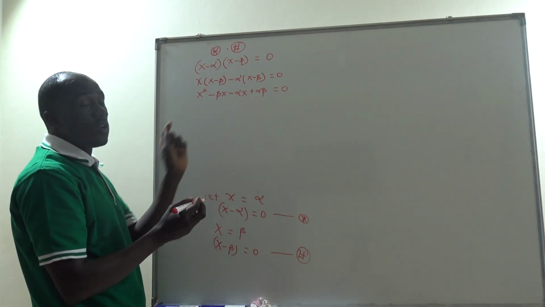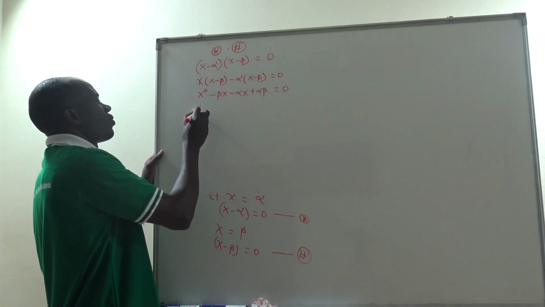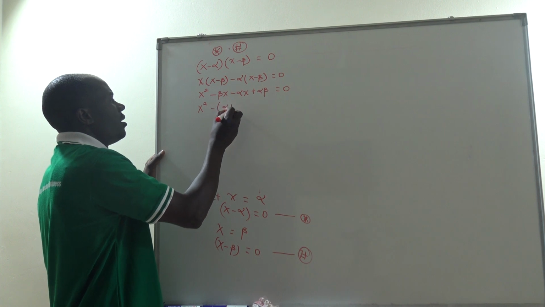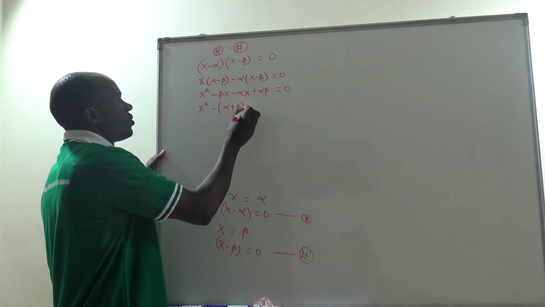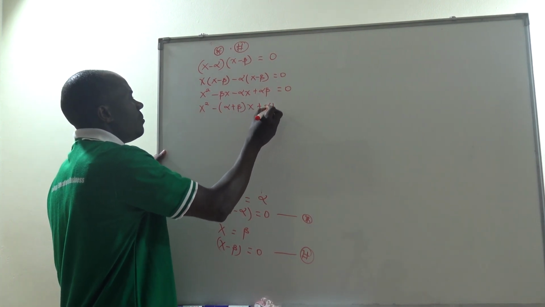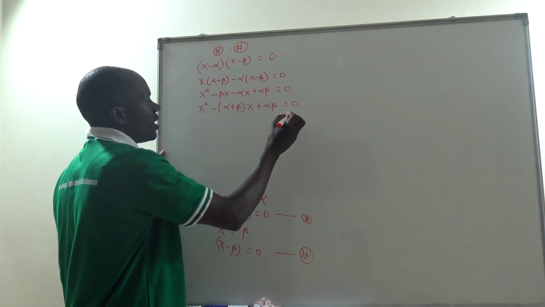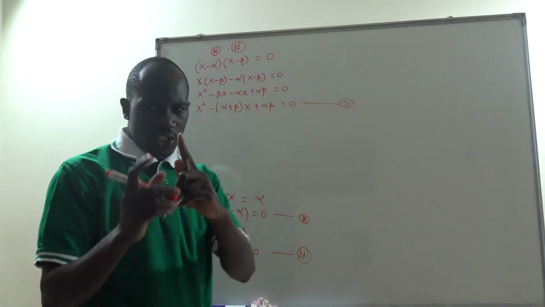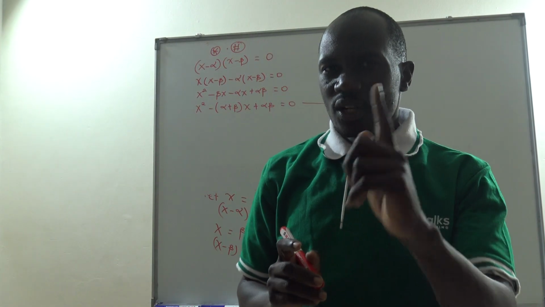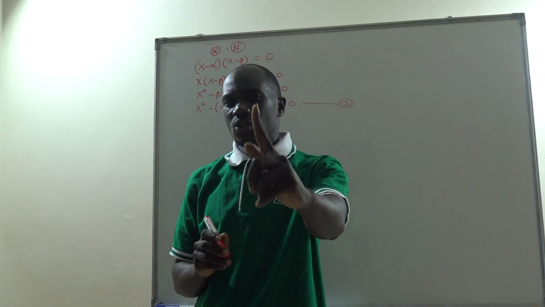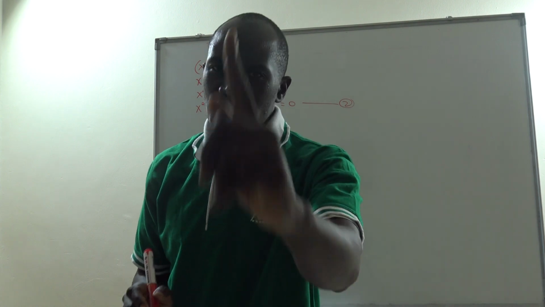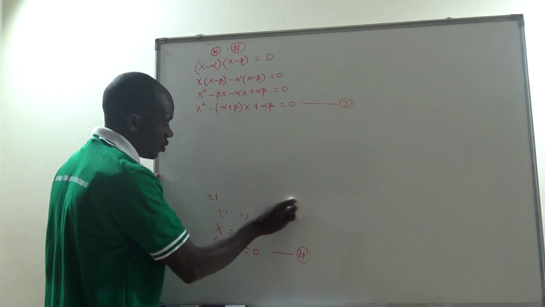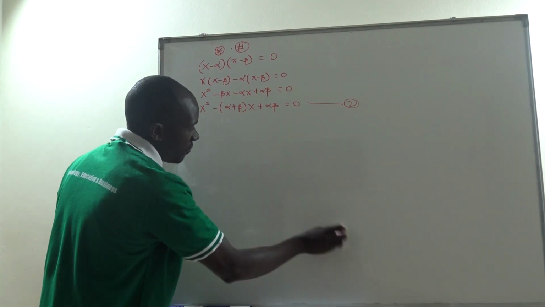You can see x is common, so we are going to have x squared minus alpha plus beta, into x, plus alpha beta, the whole thing equals 0. I can call this one equation 2. Then at first we had equation 1. So we are going now to start comparing equation 1 with equation 2, such that we can come out with a certain result which we are trying to look for.